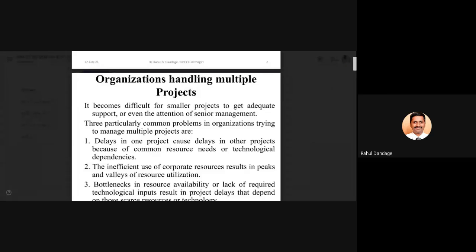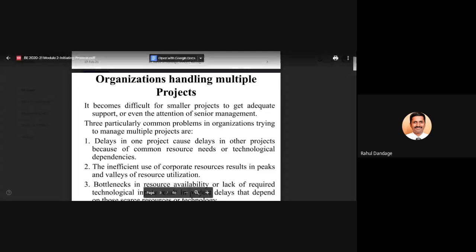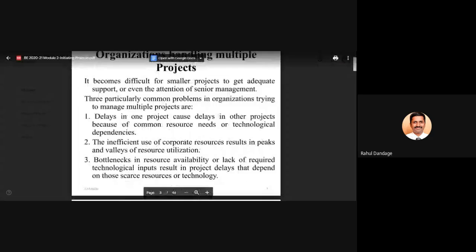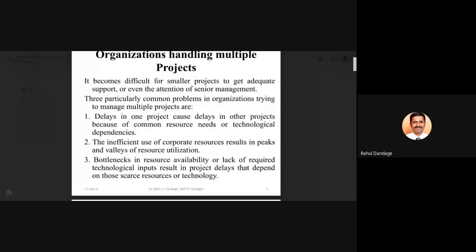So three common problems in organizations trying to manage multiple projects are: delay in one project causes delays in other projects because of common resource needs or technological dependencies. So if your organization is executing multiple projects simultaneously, it may happen that because of some issues, if one project gets delayed, then the resources in use for that project may also be required by another project, because these resources are common.